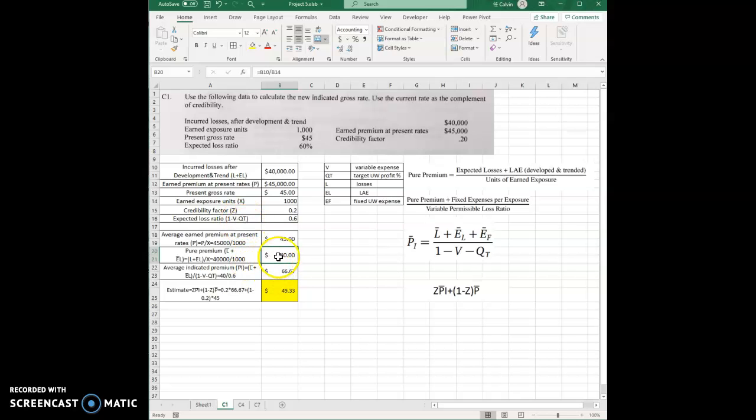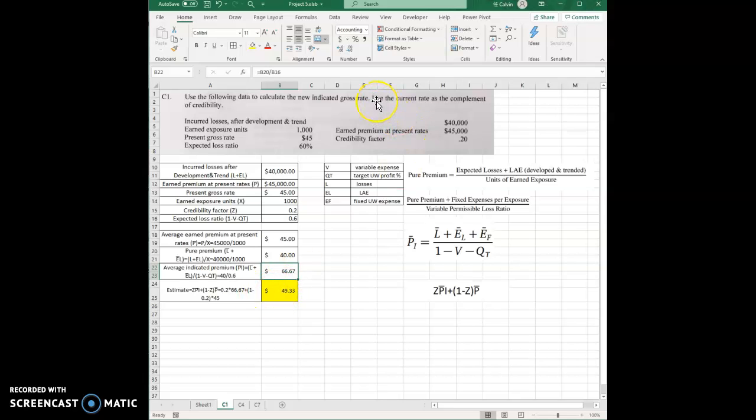So we just simply use the pure premium divided by the expected loss ratio, 40 divided by 0.6, and get 66.67. That's our average indicated premium PI bar, and then we can figure out the estimate new indicated growth rate.